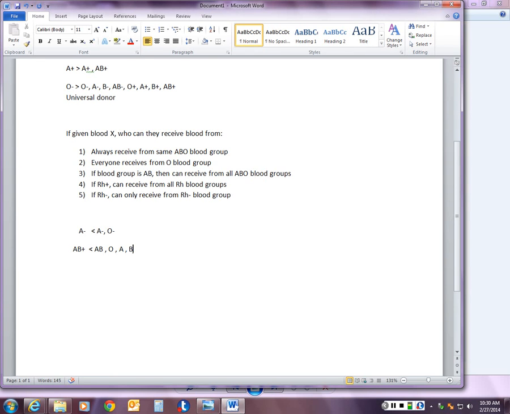Next, we come to rule 4, and it says if it's RH positive blood, you can receive from all RH groups. So that means that we have to put all the positive versions down. And then to be complete, we must also include all the negative versions as well.